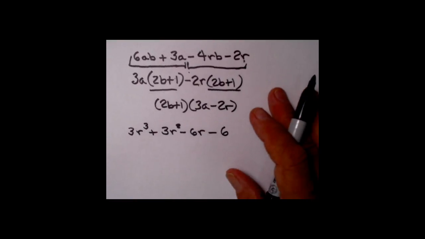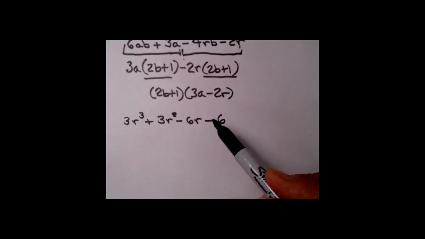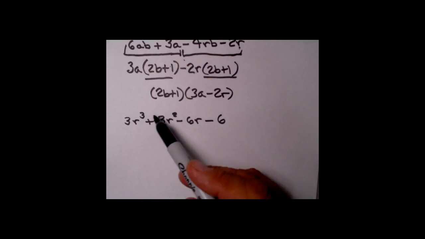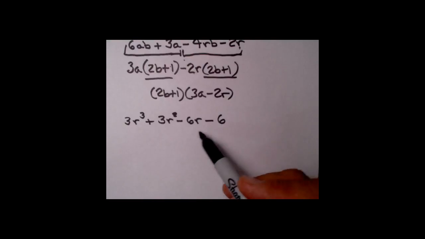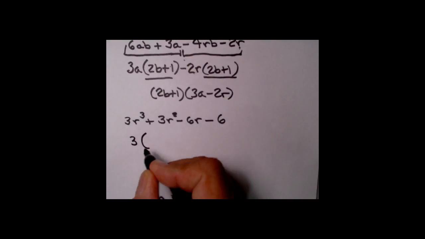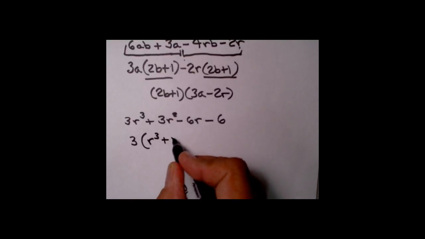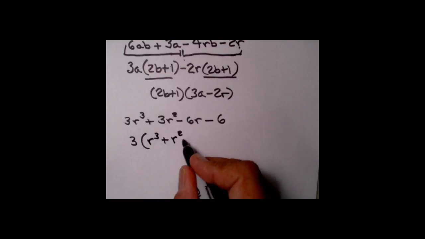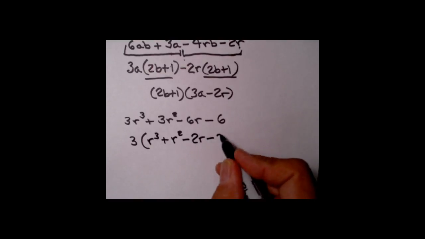Let's look at another example down here. Again, oh, look at this. There is a GCF. I can get a 3 out of all of these guys. The R's don't go through. So notice this. I can factor a 3 out, and this will be what's left: R cubed plus R squared minus 2R minus 2.